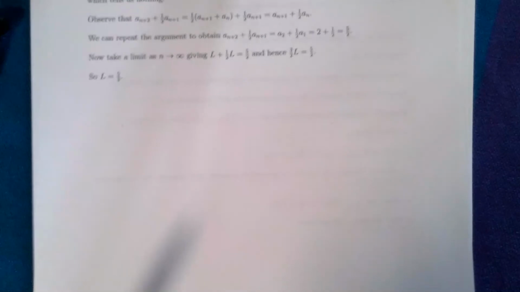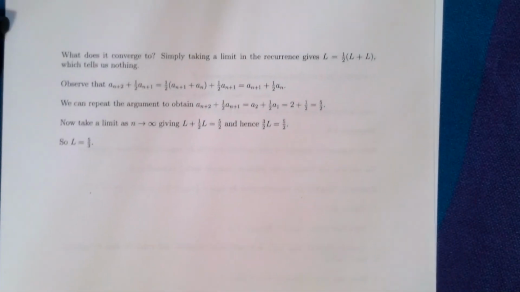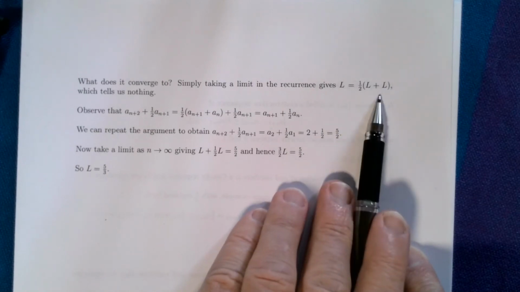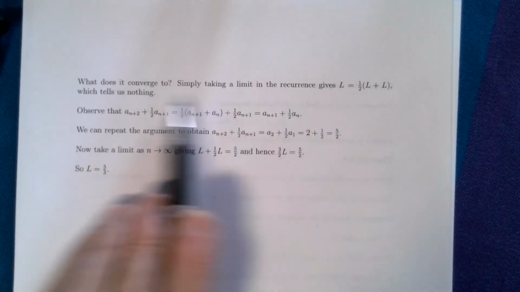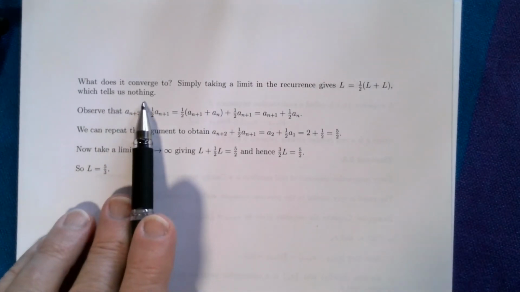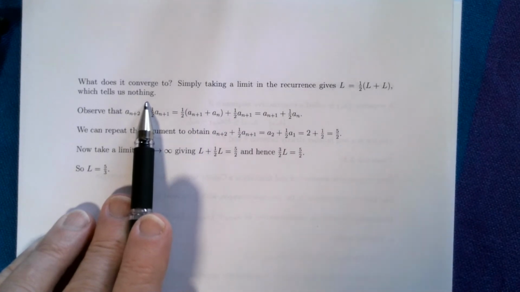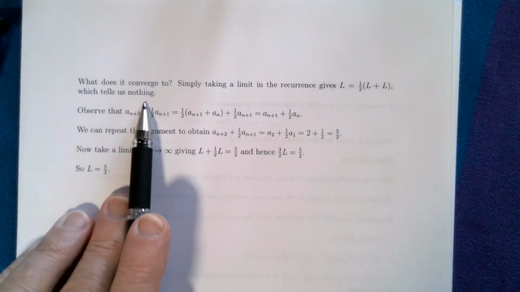Simply taking the limit in the recurrence gives you L is a half L plus L. Well, that tells me nothing. That just says L equals L. So that's not particularly helpful this time. We know it's got a limit, but simply taking the limit in the original recurrence doesn't give me anything.